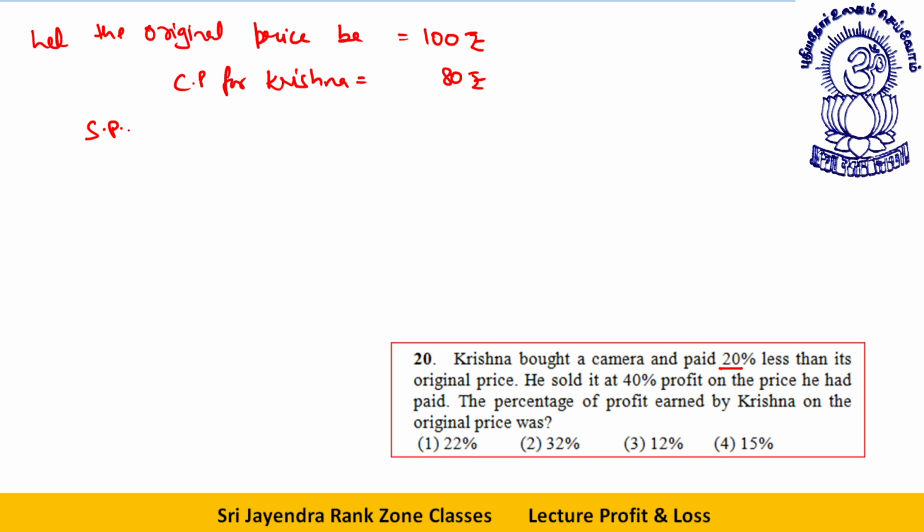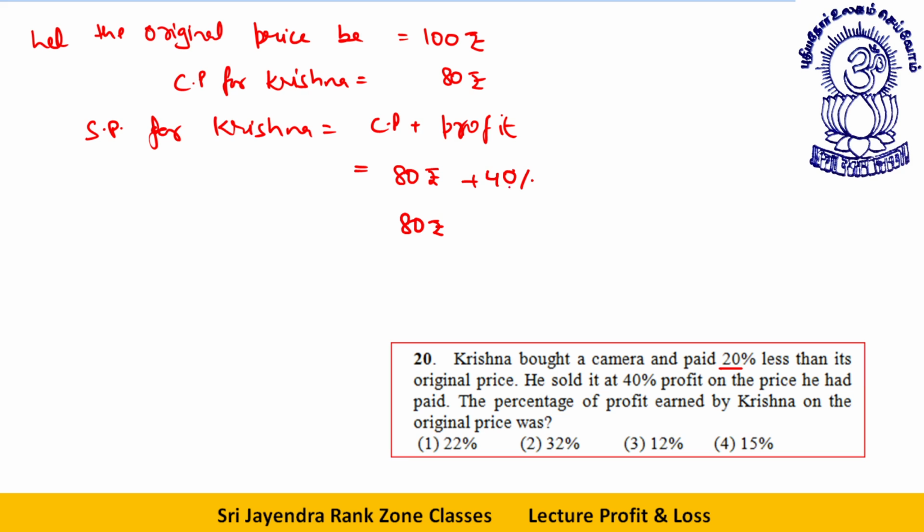SP for Krishna, what is the SP for Krishna? CP plus profit. What is the CP? 80 plus 40%, that is 80 rupees plus 40%. What is 40% of 80? See, 10% of 80 is 8, so 40% will be 32. That comes out to be 112 rupees.